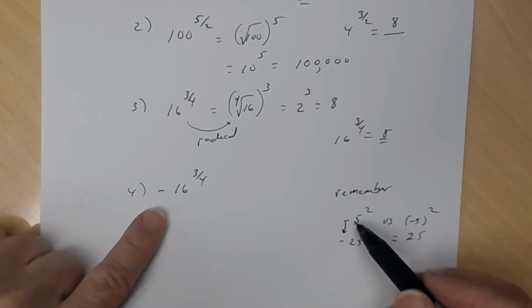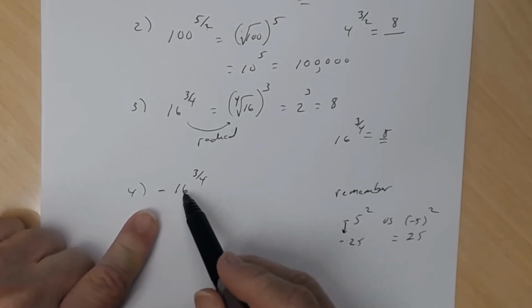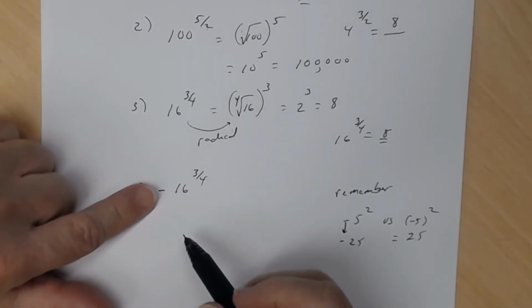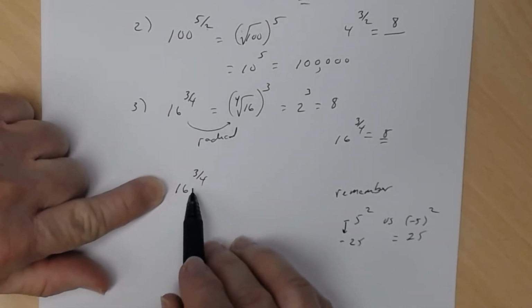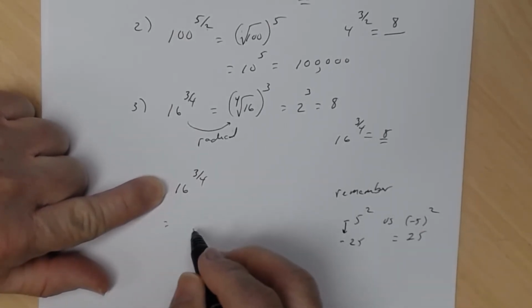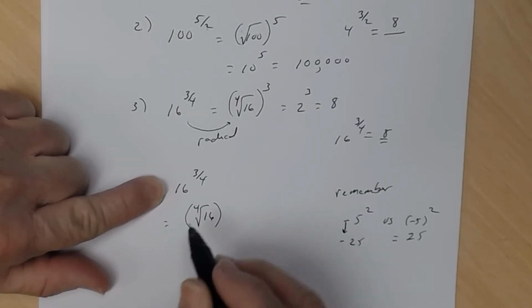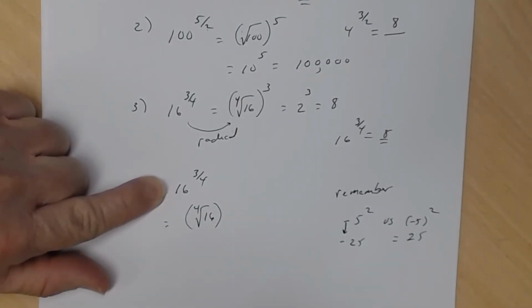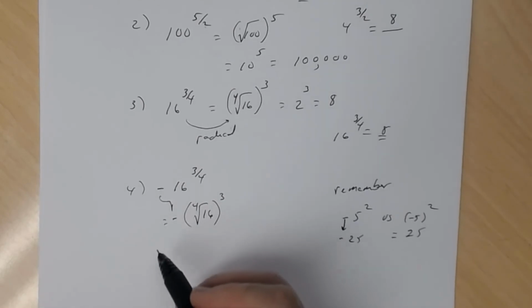So over here, what's being raised to the 3/4 power is not negative 16, it is just 16. So cover up this negative symbol and rewrite this as a radical. That becomes the fourth root of 16, raised to the third power. And whatever that is, that's going to be negative.